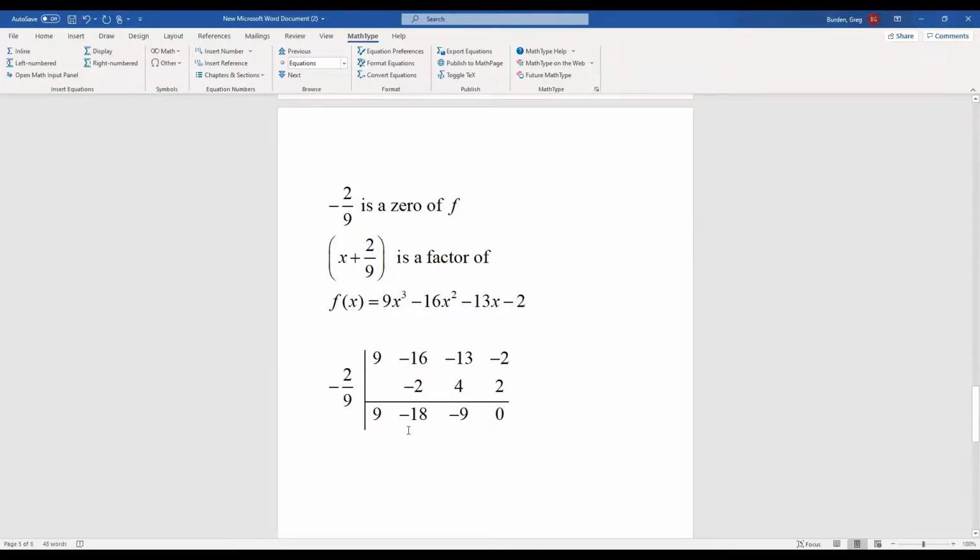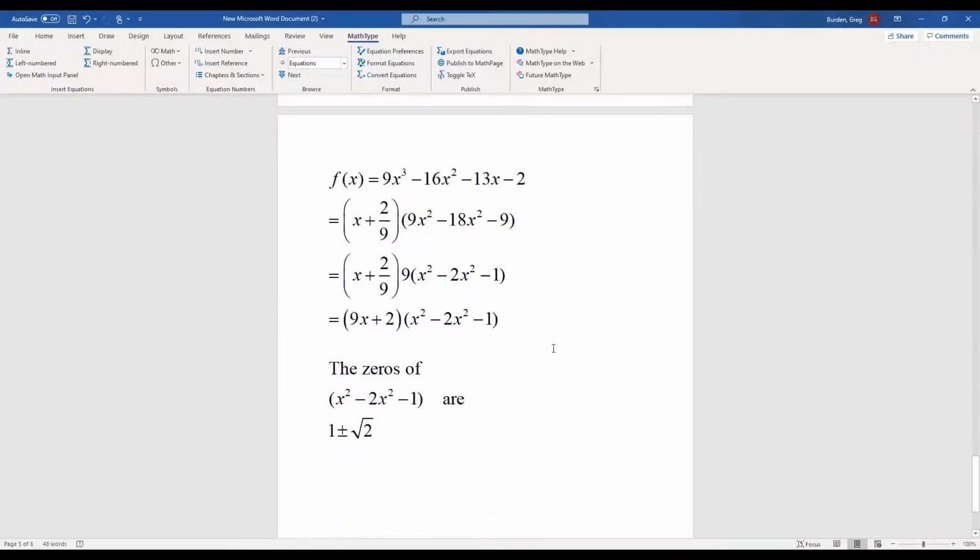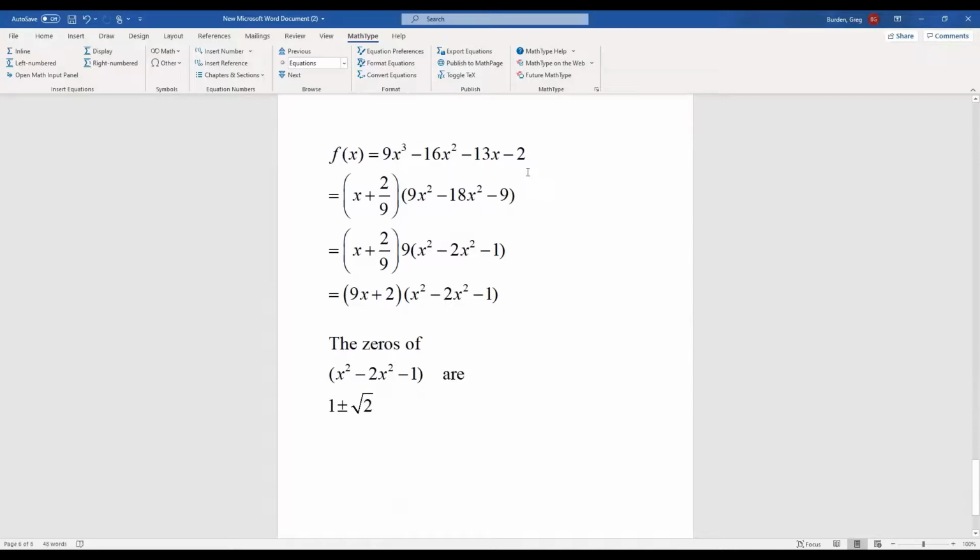And we get 3 terms, 9x squared minus 18x minus 9. So I wrote that out here. f of x equals, there's the original polynomial 9x cubed minus 16x squared minus 13x minus 2, I rewrote it as x plus 2/9 times the 9x squared minus 18.